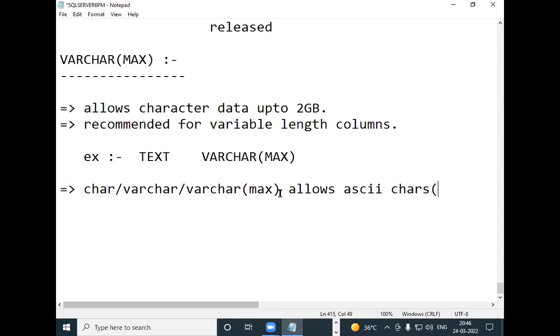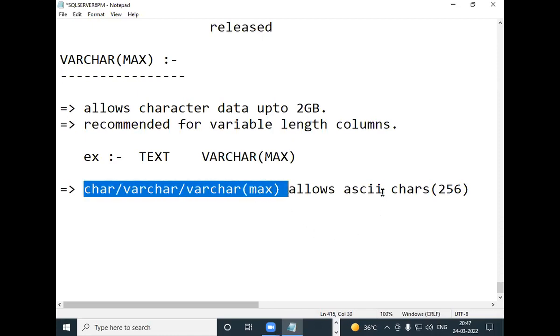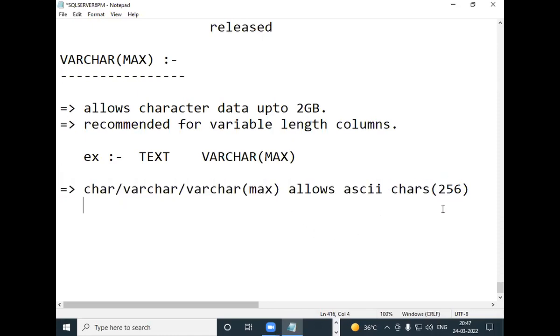Total, how many ASCII characters are there? 256 characters are there. So these data types allow all these 256 characters.